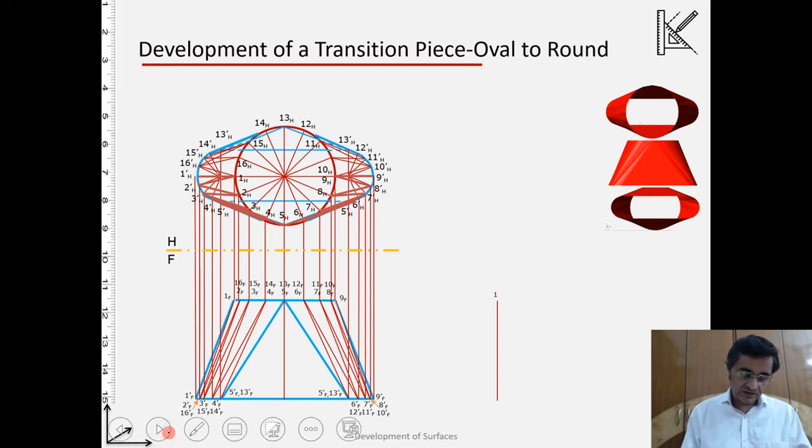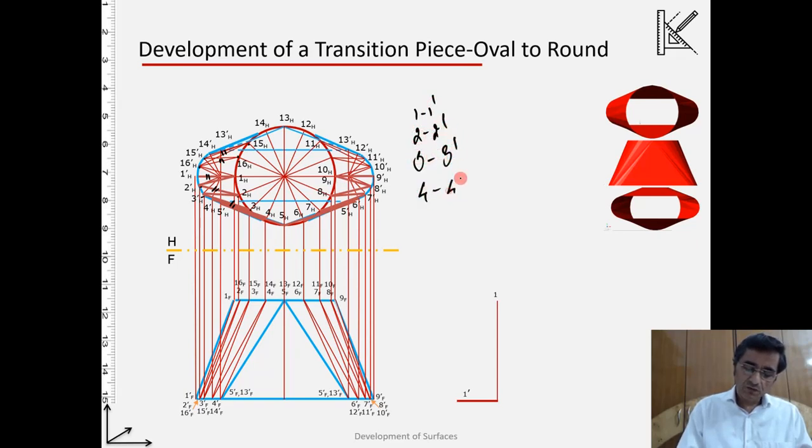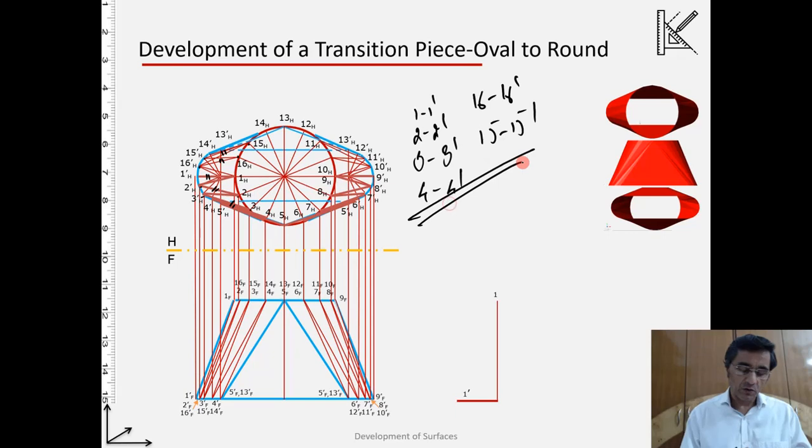So to know the true length, let us start with 1, because there are some sides which I can say 1 1 dash, similarly 2 2 dash, similarly 3 3 dash, 16 16 dash, 15 15 dash. Okay, so they are sides like 1 1 dash, 2 2 dash, 3 3 dash, 4 4 dash, 16 16 dash, 15 15 dash. So these are the sides. So I need to know their true length, number 1.